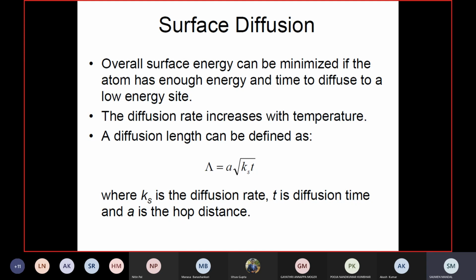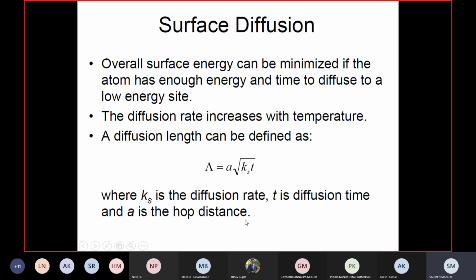Even if we maintain room temperature, it will still be there. The diffusion length can be defined as a root over Ks T, where Ks is the diffusion rate, T is the diffusion time, and a is the hop distance.